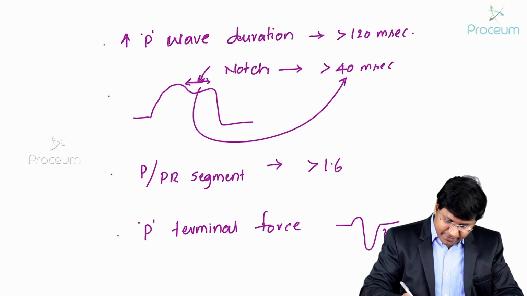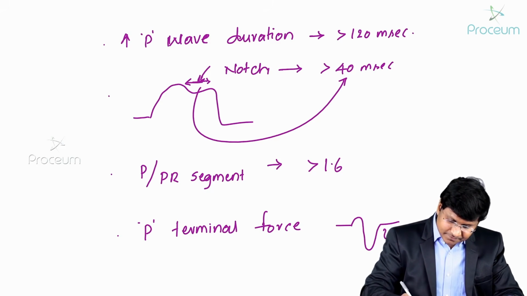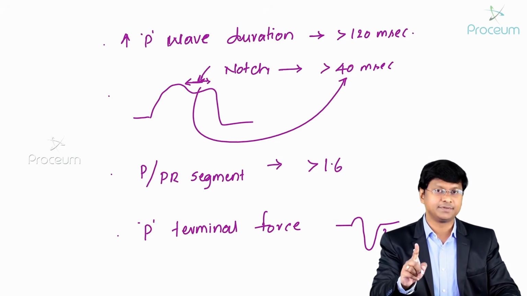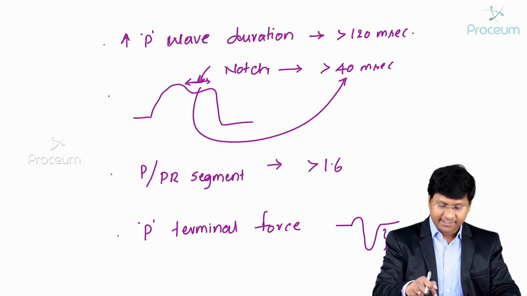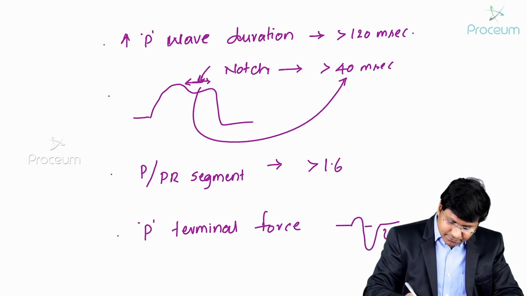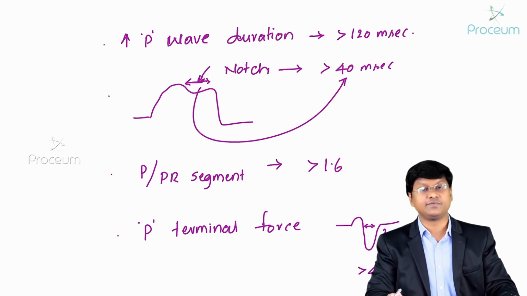The depth should be more than 2 mm. Normally it is only 1 mm deep. But in left atrial enlargement, the depth should be more than 2 mm, and the duration should be more than 40 milliseconds. Then we call it the P terminal force.